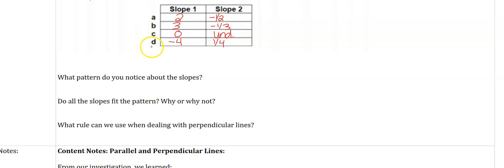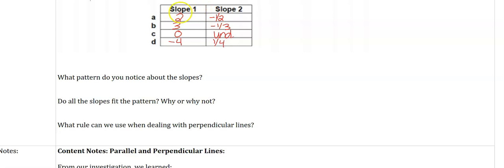And for graph D we had slope -4 and 1/4. So a pattern that we can see is that from each of them our sign has changed and it has flipped into a fraction.